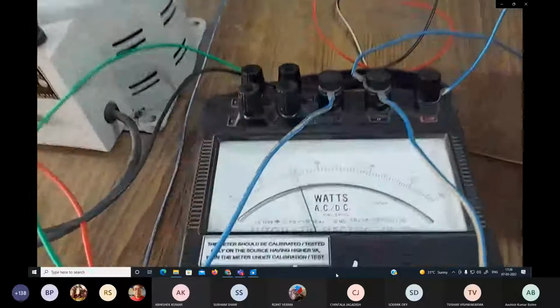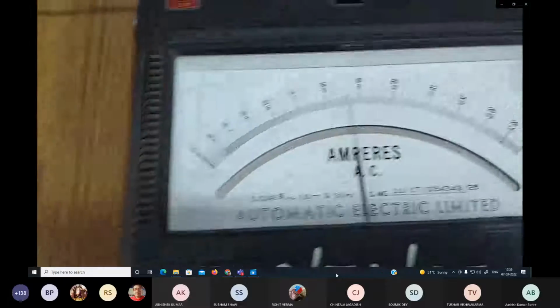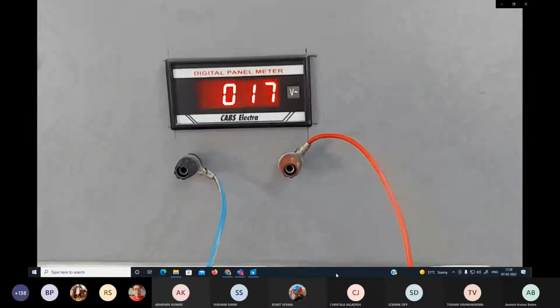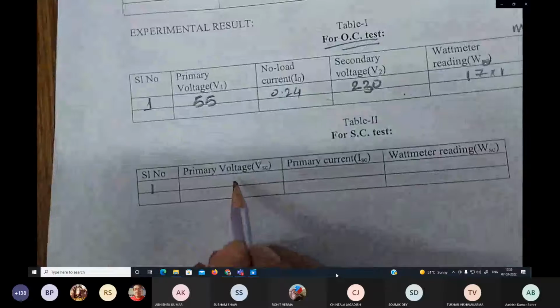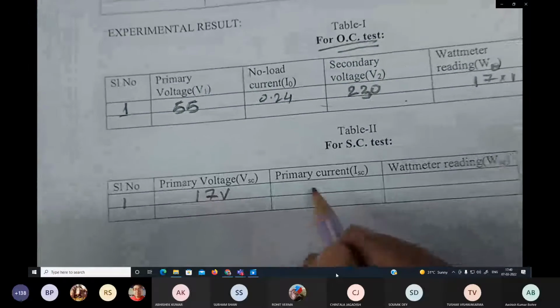Now we will note down all the power, ampere and secondary ampere readings, and also take the voltmeter reading of the primary winding, so that we can calculate all the circuit parameters as explained in the manual. Here we can see the primary voltage, so we will note down 17 volt.